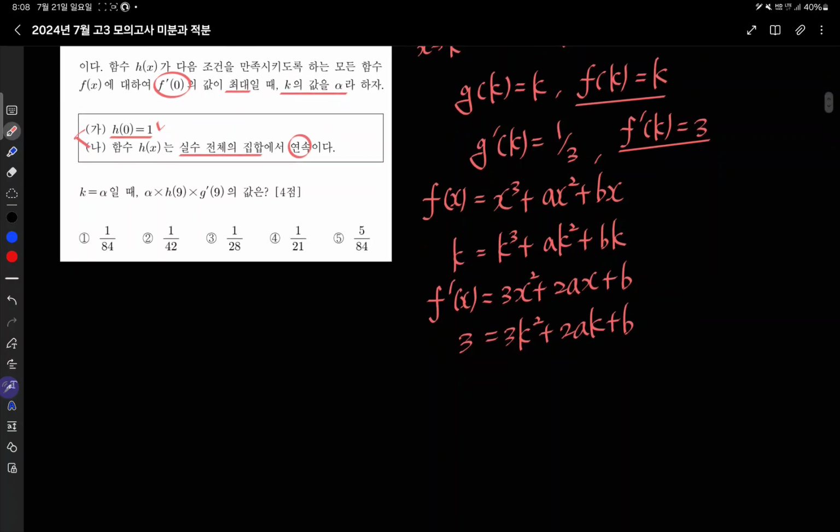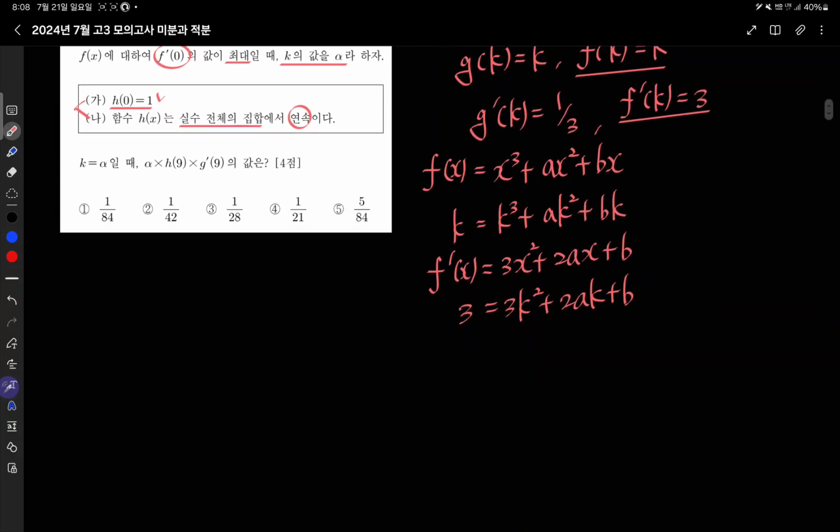And for a cubic function to have an inverse, its derivative should be greater than or equal to 0. And that means it needs to be always increasing.